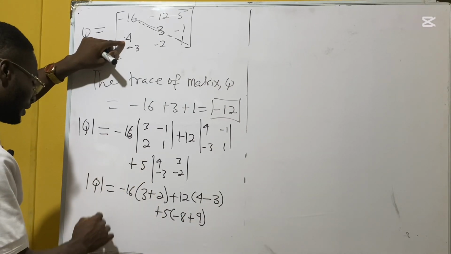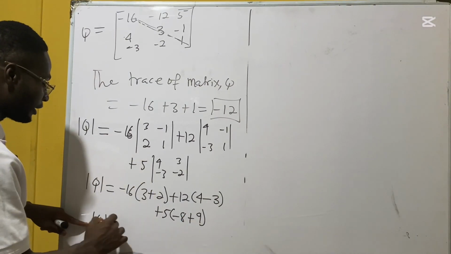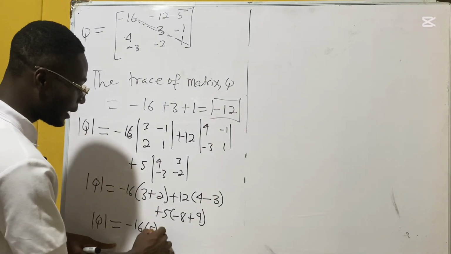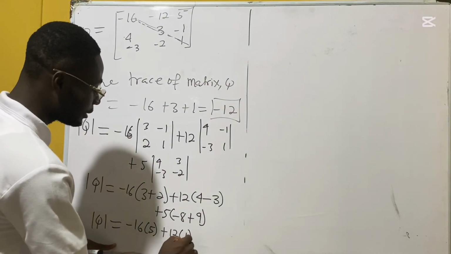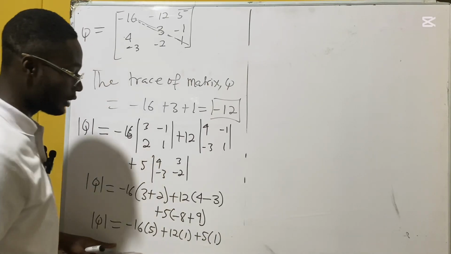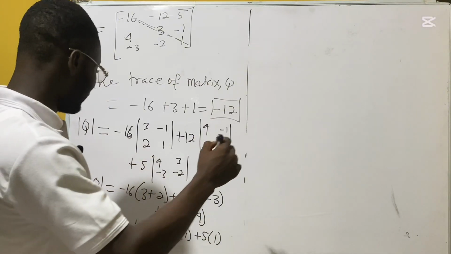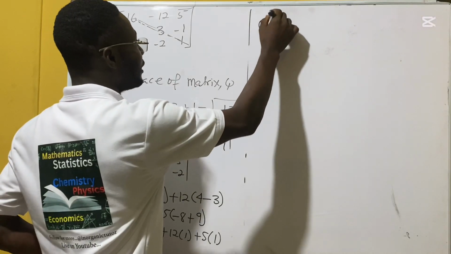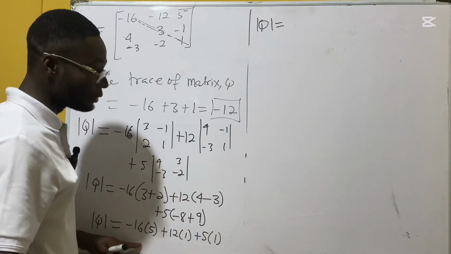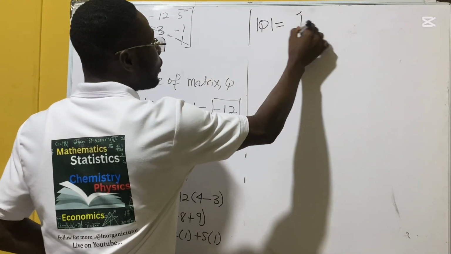So we have the determinant of matrix Q equal to -16 into 5 plus 12 into 1 plus 5 into 1. When you sum everything here, the determinant of matrix Q is equal to +1.